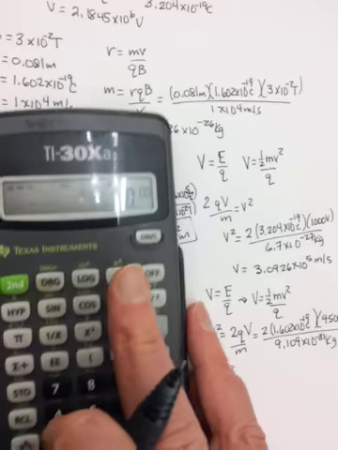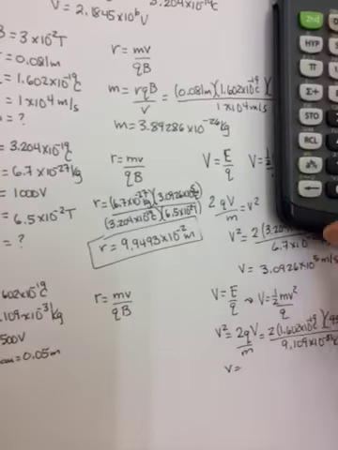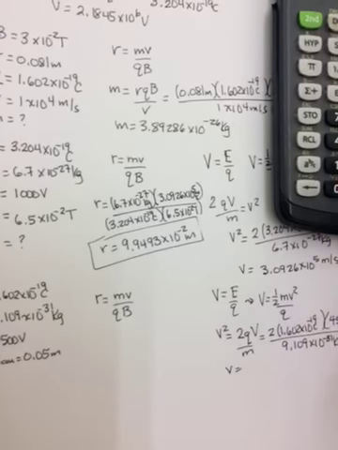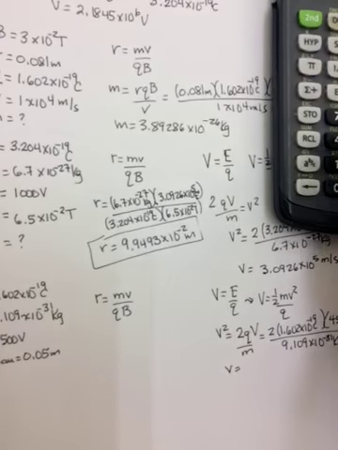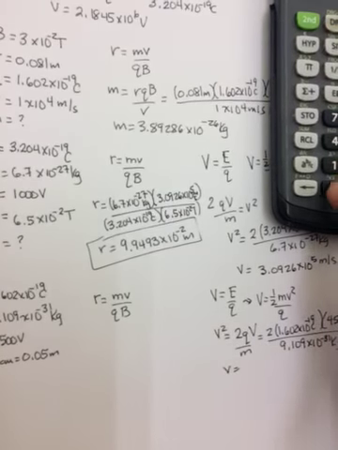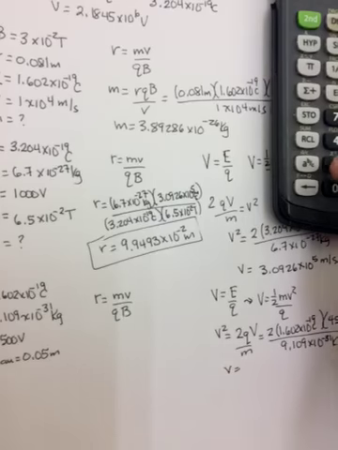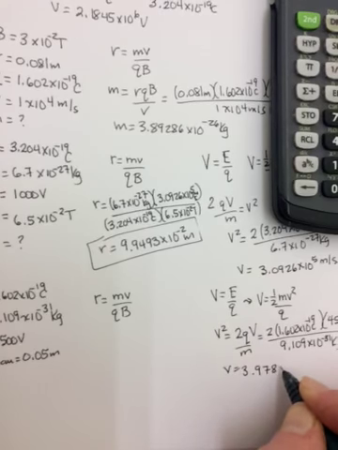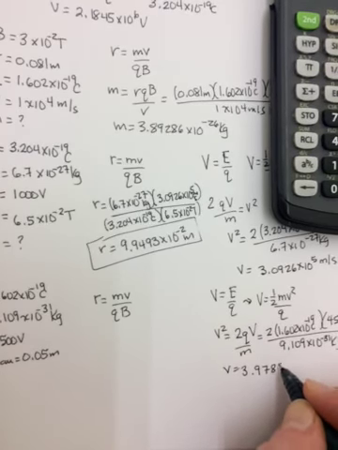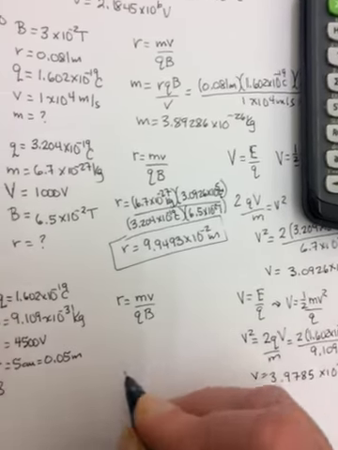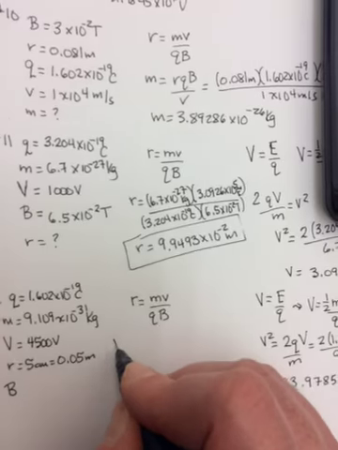So punching it in: 3.204 times 10 to the negative 19 times 4,500 divided by 9.109 times 10 to the negative 31. Take the square root. You should get a speed of 3.9785 times 10 to the 7th meters per second. This time we want B, so we need to rearrange this.